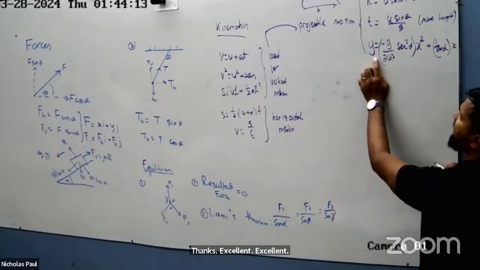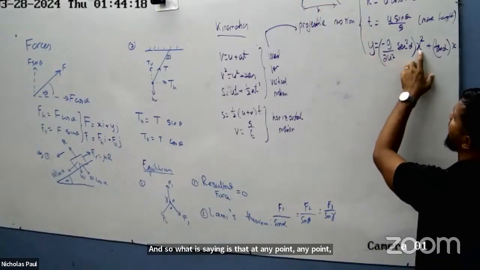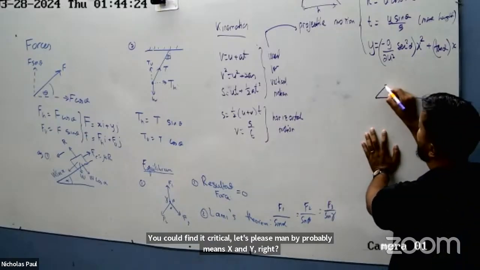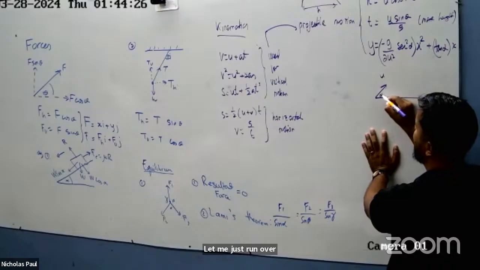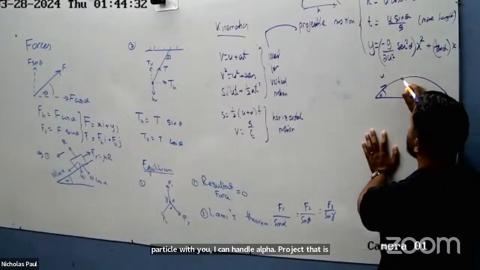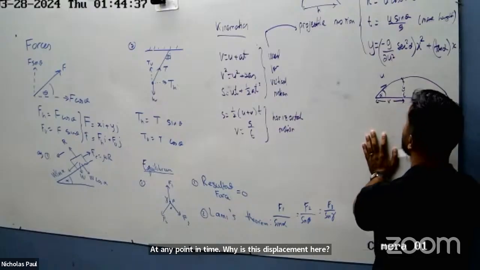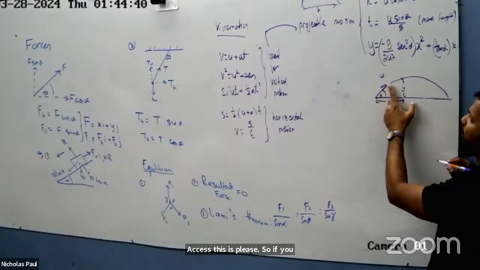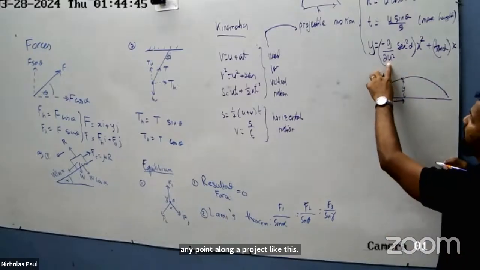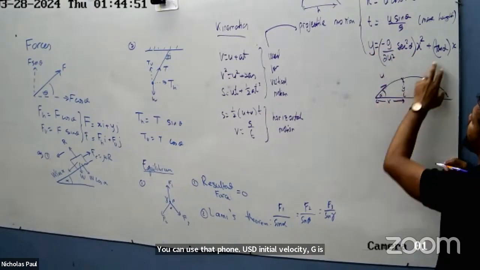So what it's saying is that at any point, you could find the vertical displacement by plugging in x and y, right? If you shoot a particle with u at an angle alpha, the projectile is normally like that. At any point in time, y is this displacement here, x is this displacement here. So if you want to find y at any point along a projectile like this, you can use that formula. u is the initial velocity, g is gravity, x is the horizontal displacement.